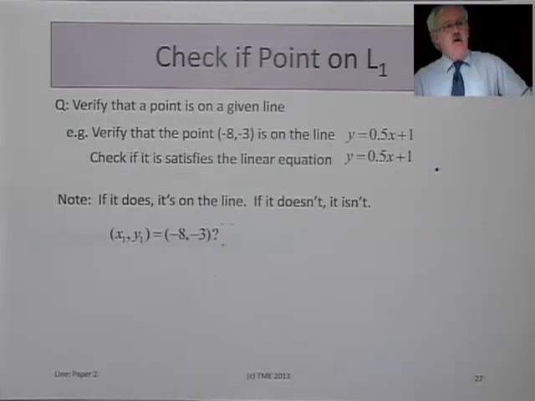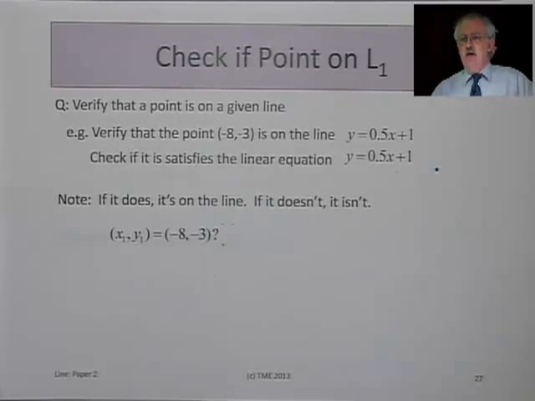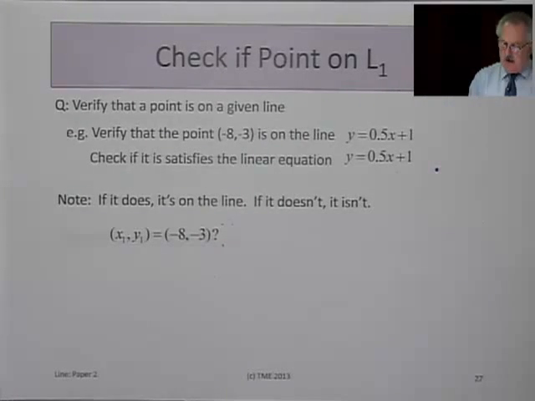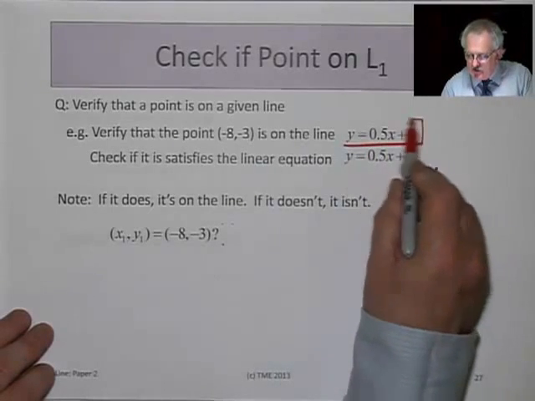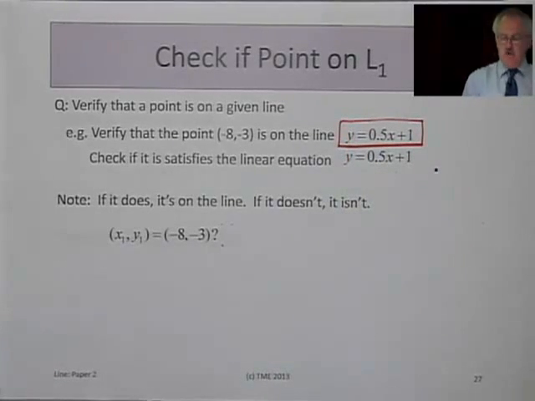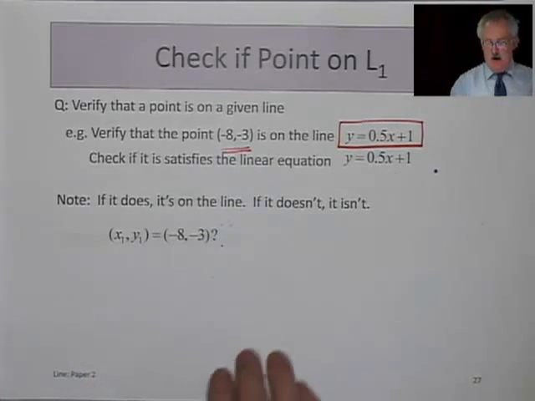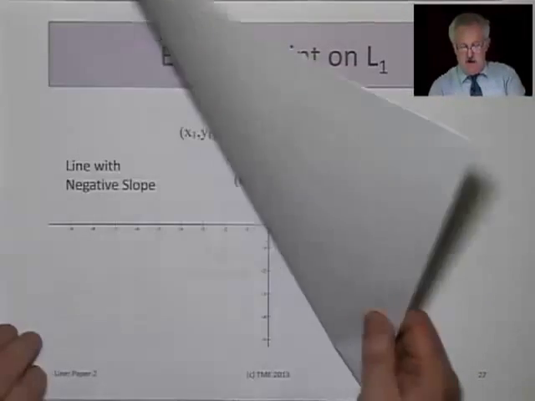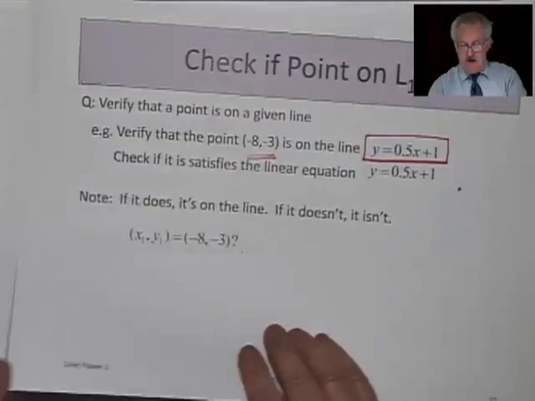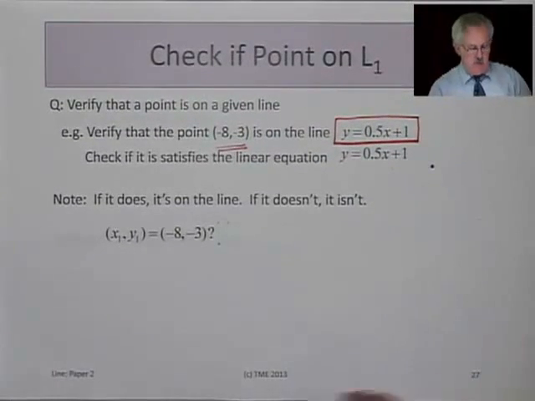Next topic, check if a point is on the line. You're given an equation of a line, here's the line, y is equal to 0.5x plus 1. And you're asked, is the point minus 8, minus 3 on the line or not? You've got to figure out if it is.